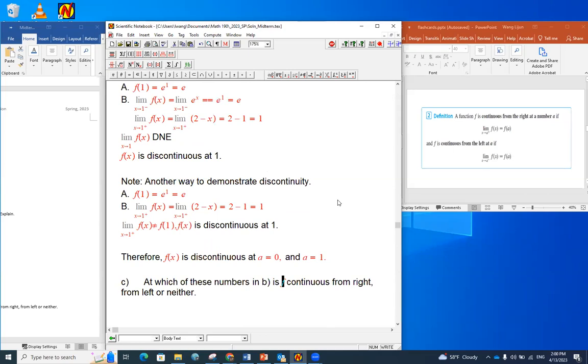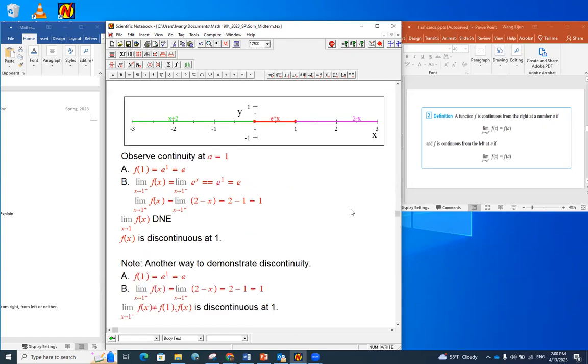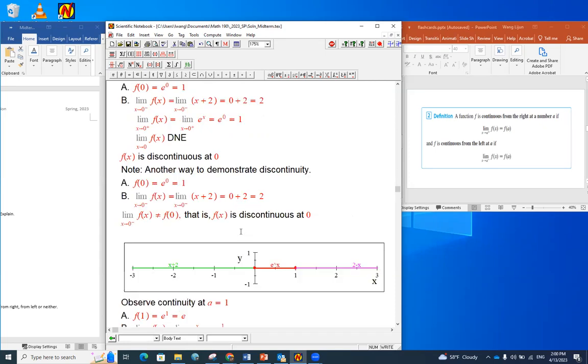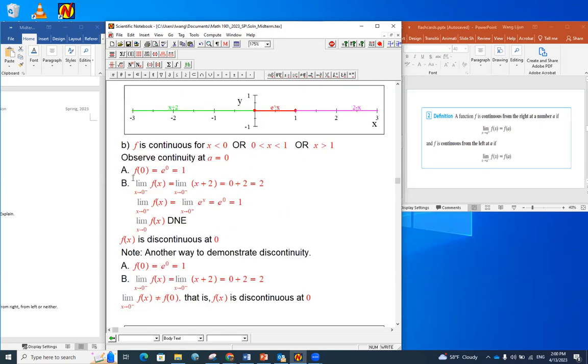They are the points of discontinuity. So at 0, what have we found? At 0, the limit from the right equals 1. So we're going to bring these 2 together.